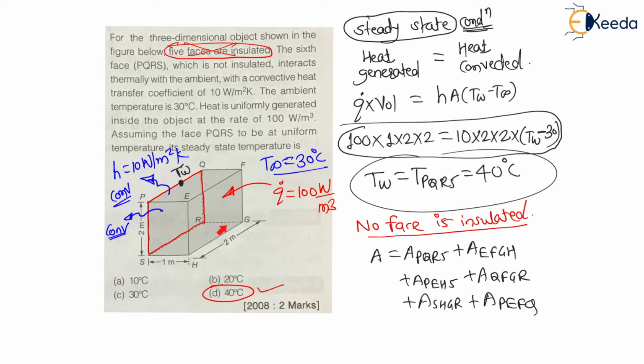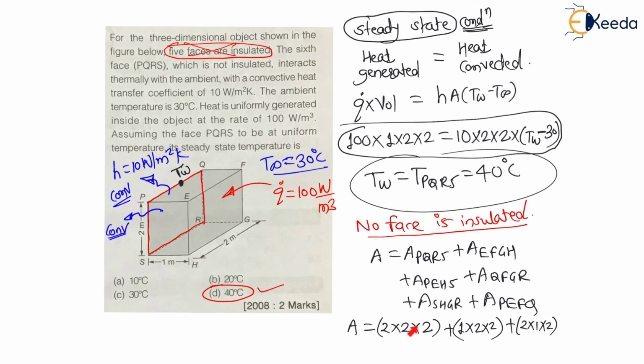Now the left side area and right side area will be the same, front area and back side area will be the same, top area and bottom area will be the same. Therefore the area available for convection: left side area is 2 into 2, 2 times, plus top area 1 into 2 and bottom area 1 into 2, that is 1 into 2, 2 times, plus front area 2 into 1 and back side area 2 into 1, that is 2 into 1, 2 times.